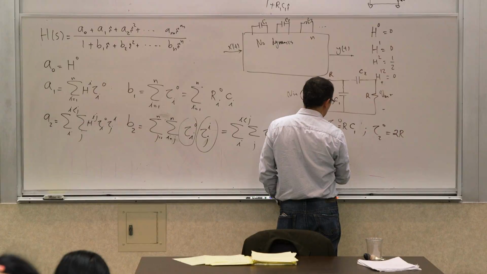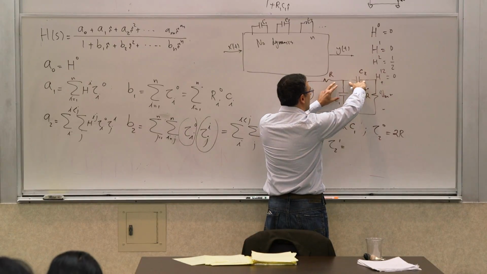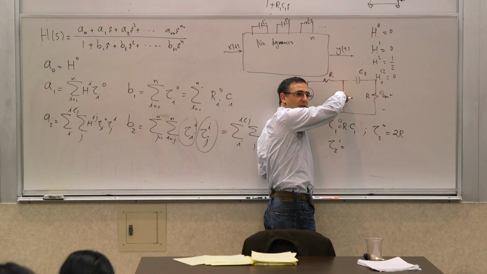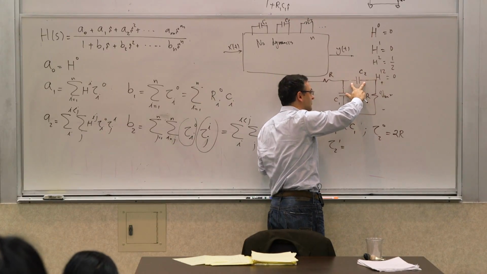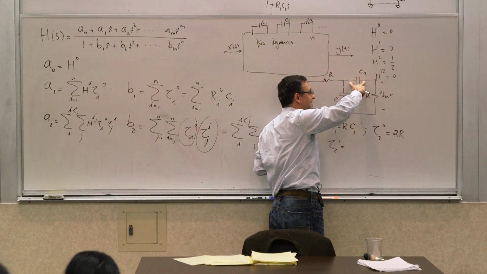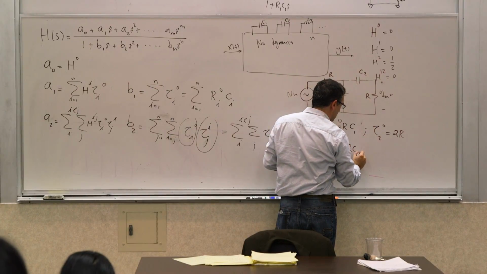So for example, you can say tau 21, meaning the resistance seen across 2 when element 1 is infinite valued. So when I make this infinite valued, this becomes short-circuited, right? So what is the resistance seen across this when this is short-circuited? This is short-circuited too, but that doesn't matter really. What is the resistance seen across here when this is short? R. So it becomes RC2.